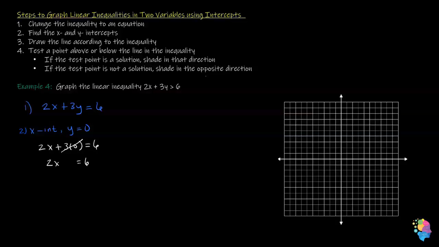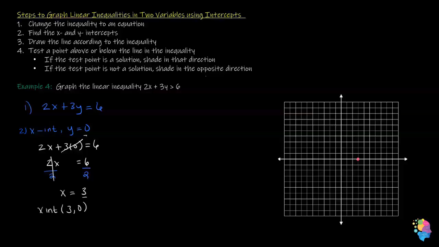We divide both sides by 2 to solve for x, and we get that 2 divided by 2 is 1x, or just x, and 6 divided by 2 will be 3. So then the x-intercept is going to be located at 3, 0. Let's go plot that. So 3, 0 will be on the x-axis at 3.